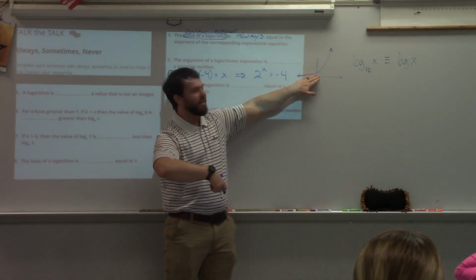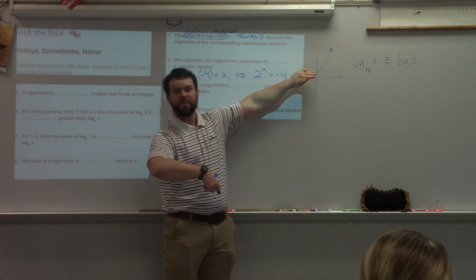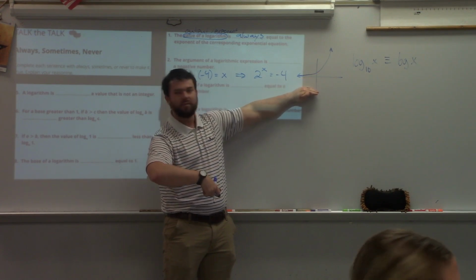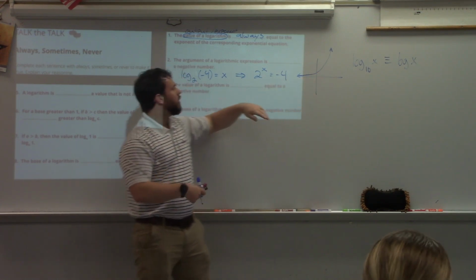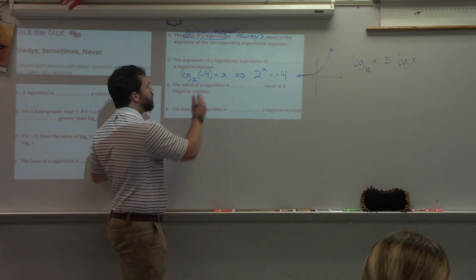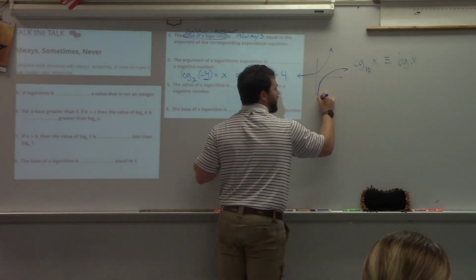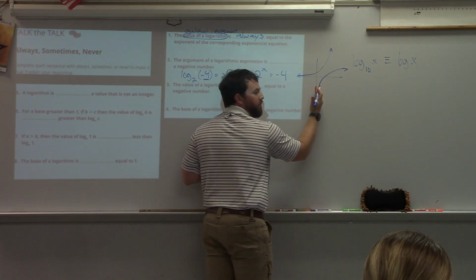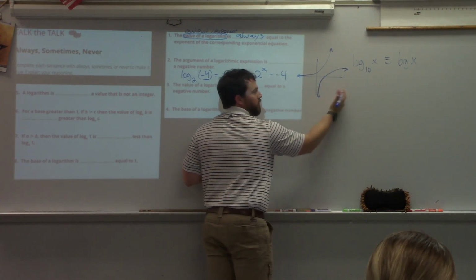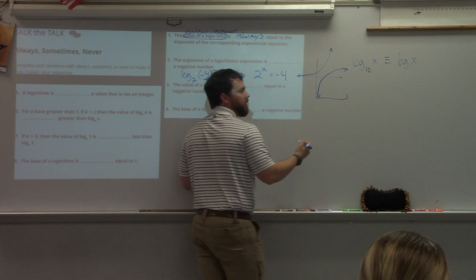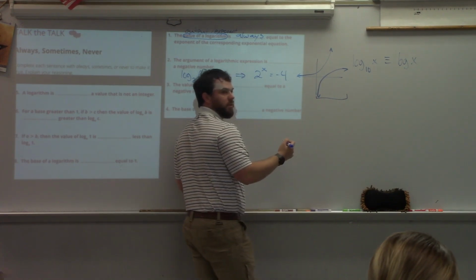So please note right here, does this exponential ever go into the negative y values? No. So can the argument, which is my input of a logarithm, notice there's my inverse, can the input be negative? Look at that logarithm. Can that input be negative? No, because it's going to the right.